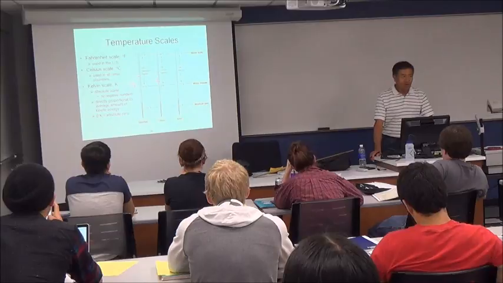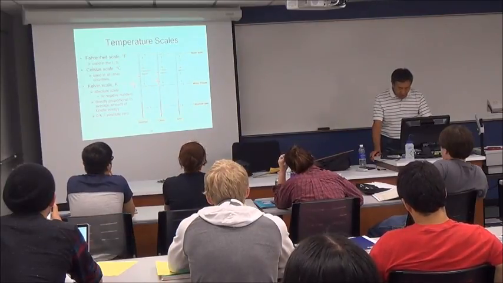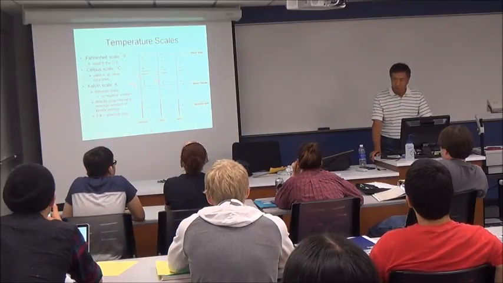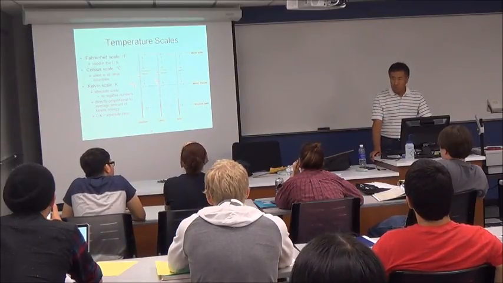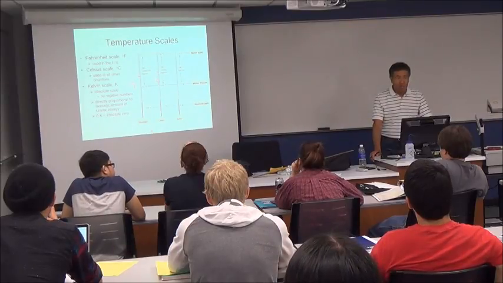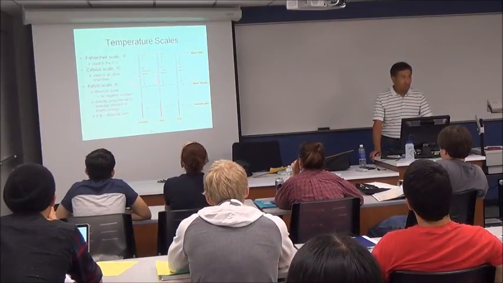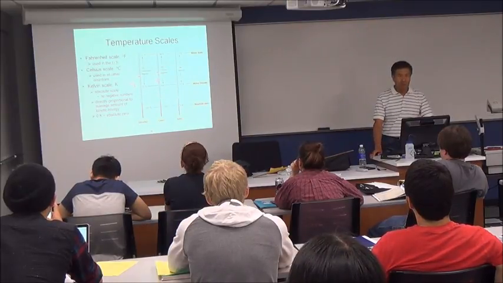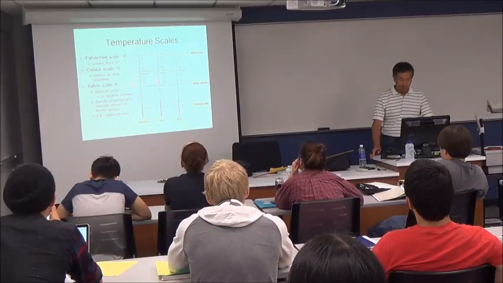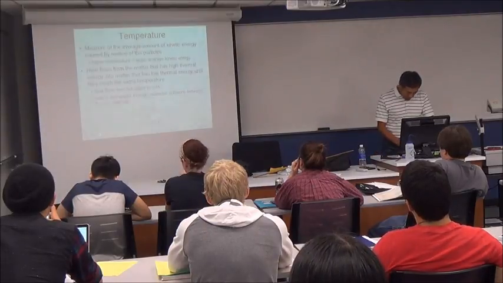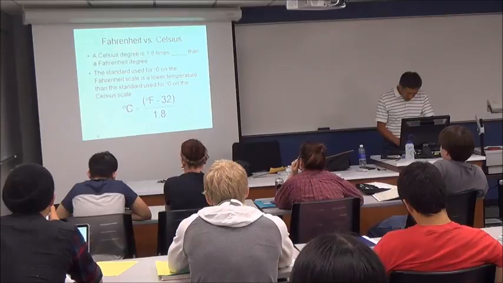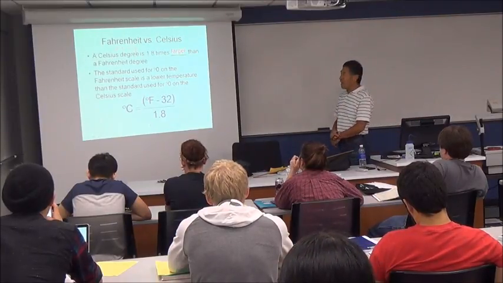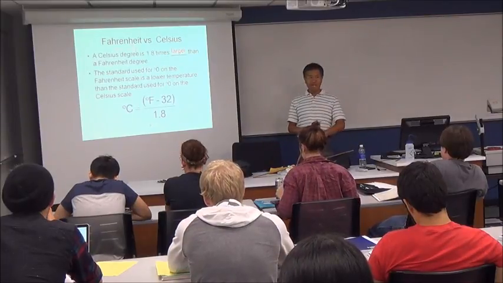If you remember what we saw on the other slide, we said one step of 1 Celsius degree is 1.8 times larger than 1 Fahrenheit degree. And probably from this picture you can see it more easily. So 1 Celsius degree, not the actual reading.